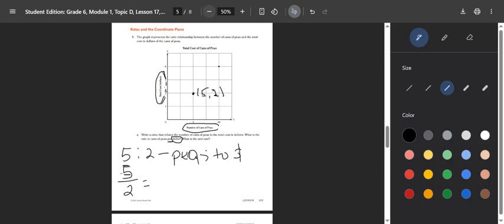And 5 halves is 2 and a half, but it's money, so, oh, I'm sorry, it's not, because 2 and a half is the number of cans per dollar. So it's 2.5 cans per dollar.